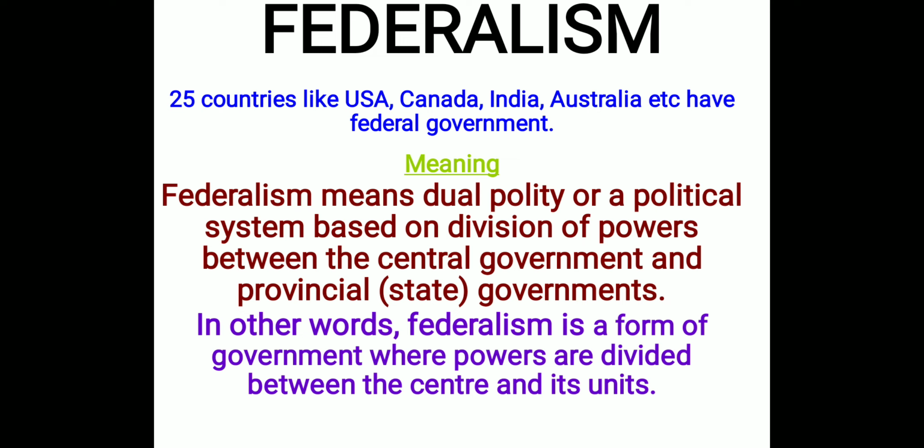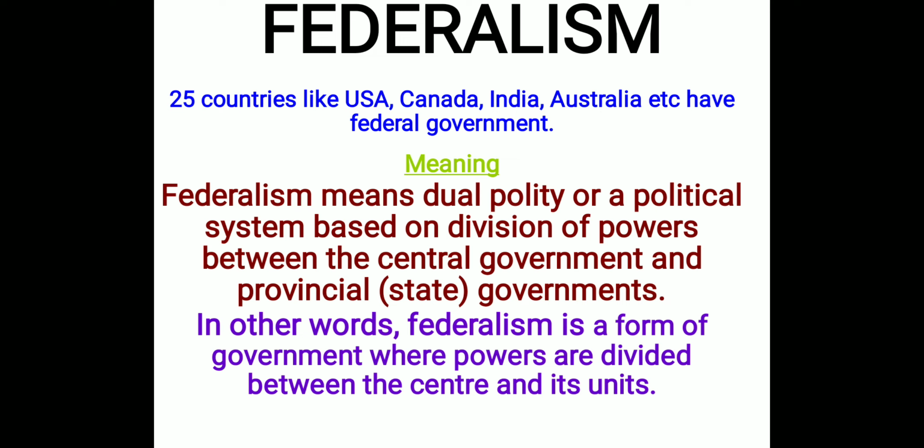So it is a form of government which is based on division of powers. The powers are divided between the central government and the state governments. For example, in India, the Indian government or the government of India is the central government, which has a president, vice president, prime minister, and cabinet.